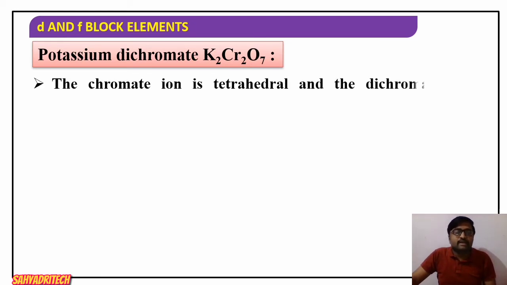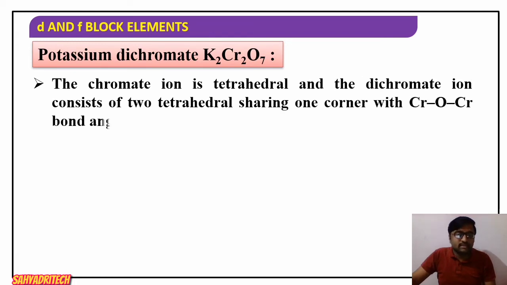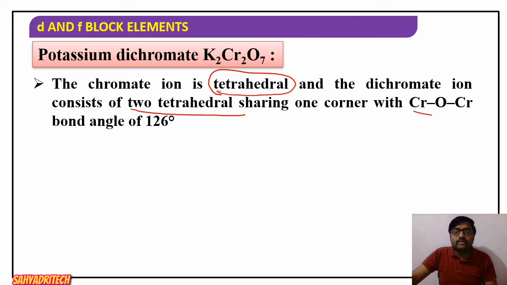Then, regarding the structure of these ions, the chromate ion is tetrahedral, while the dichromate ion consists of two tetrahedral units sharing one corner, with a chromium oxygen chromium bridge with bond angle 126 degrees. Let me repeat. The geometry of the chromate ion is tetrahedral.